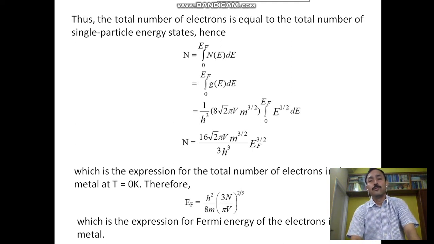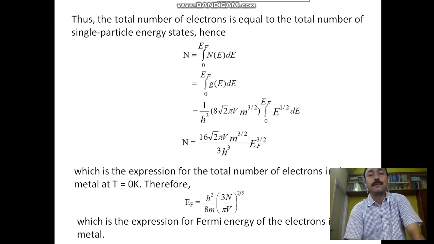Therefore, we can write EF is equal to h square by 8m into (3N by pi V) to the power 2 by 3. Here N by V is the density of particles, which we can also write as D. That means EF is equal to h square by 8m into (3 by pi D) to the power 2 by 3, where D is the particle density, equal to N by V. This is the expression for the Fermi energy of electrons in the metal.